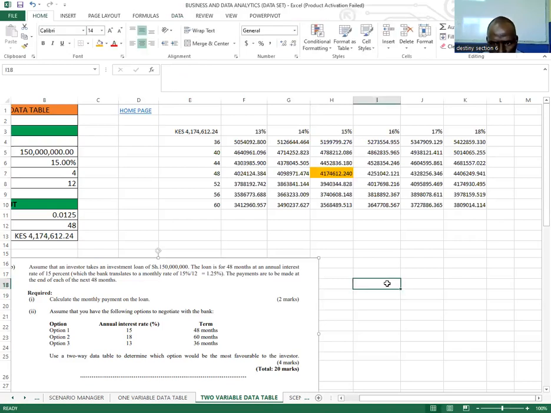And then the option number 2 is what? The option number 2 is 18. And then the terms is 60, isn't it? And the terms is 60 like that.